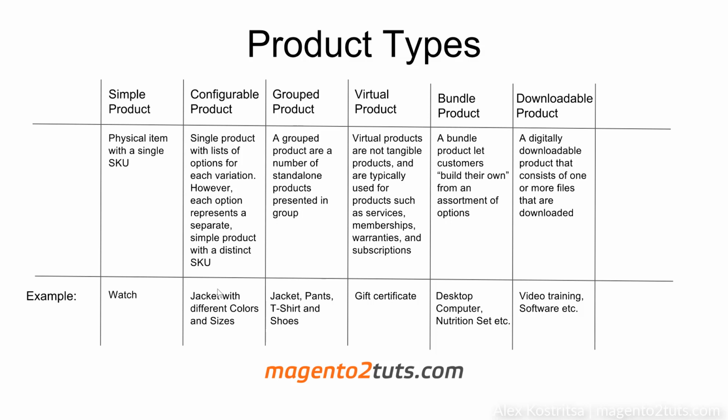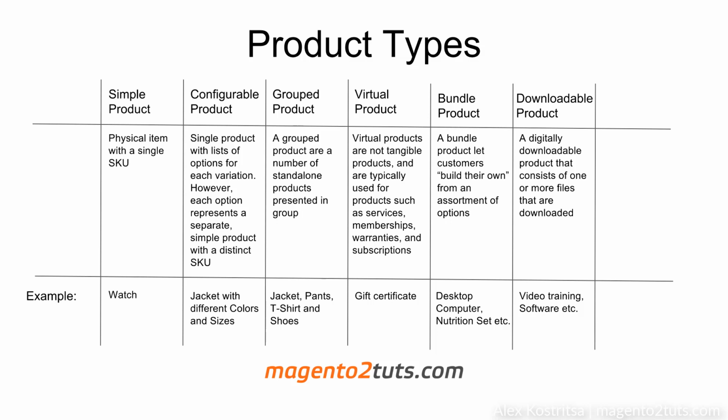So each particular variation of size and color is practically a variation that will be covered by a configurable product. So we create a configurable product with different variations, and each variation has its unique SKU. So that's what we call configurable product.